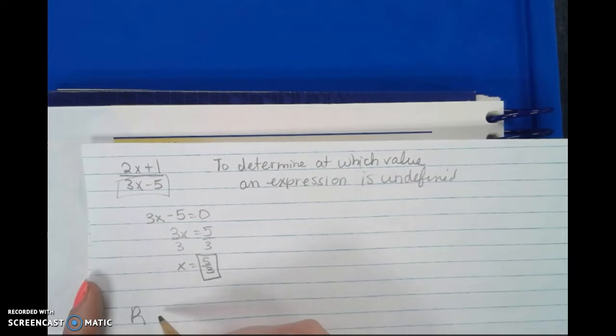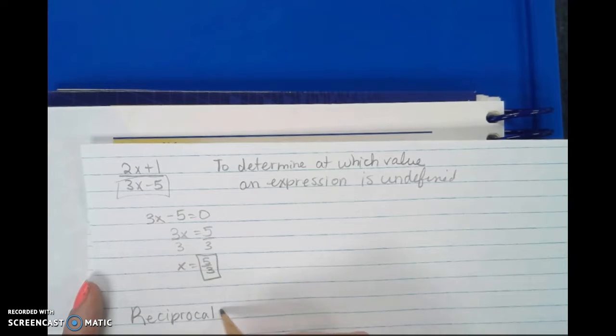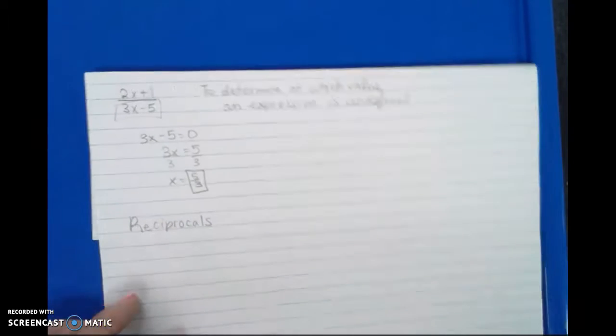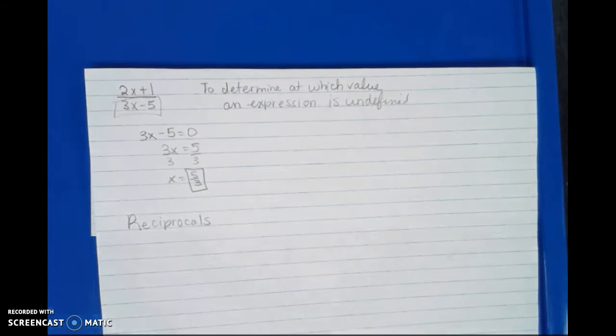The next thing we're going to look at is reciprocals. To find a reciprocal, you simply either flip your fraction or you do 1 divided by that fraction. So reciprocals are on section 11.4 with dividing rational expressions.